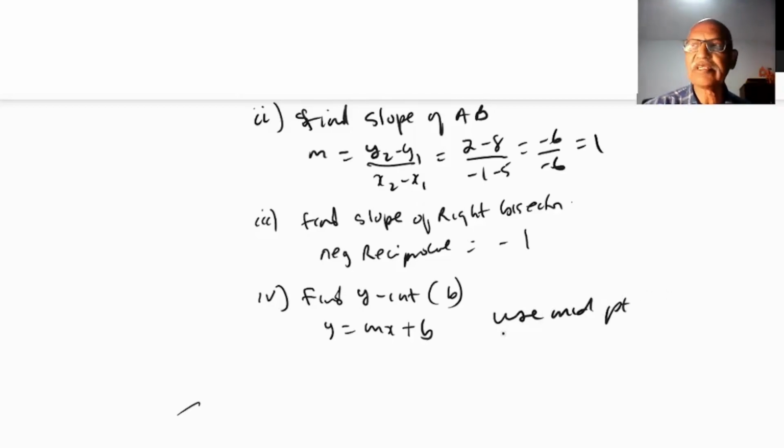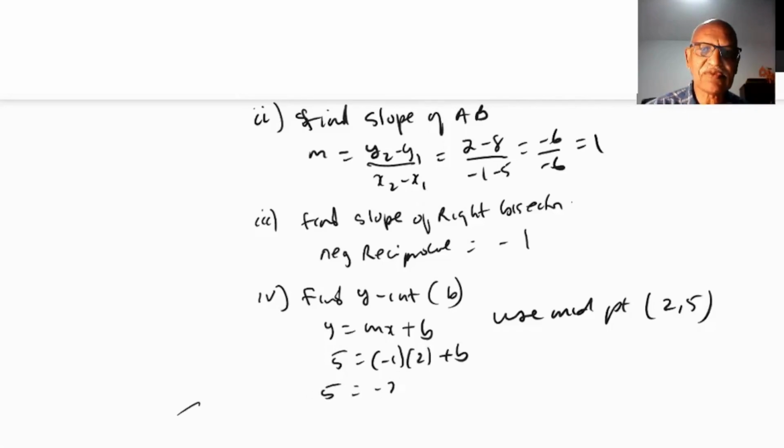Use the midpoint. The midpoint we got was (2, 5). So I have 5 equal to, slope is -1, x is 2 plus b, 5 equal to -2 plus b, therefore b equal to 7.